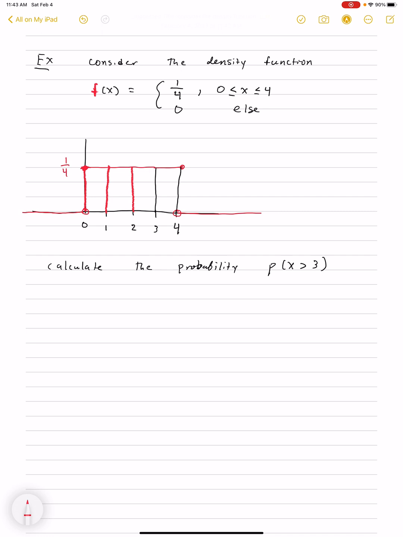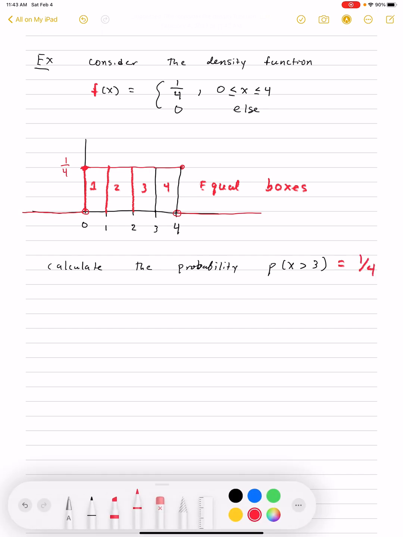So if we count these boxes, right, here's going to be 1, there's going to be 2, there's going to be 3, here's 4. 4 equal boxes. So I might say, this is 1/4. But here's another way to look at this. In the situation in which we don't have equal boxes, which can occur.